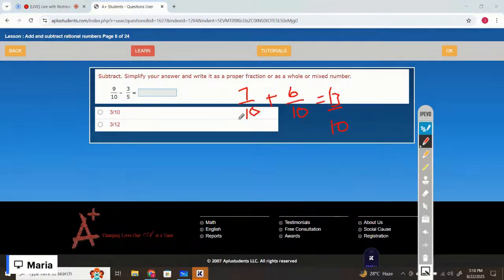Nine by 10 minus 3 by 5. So 9 over 10 minus 3, 2 times 6 over 10. So 9 minus 6 is 3 over 10.